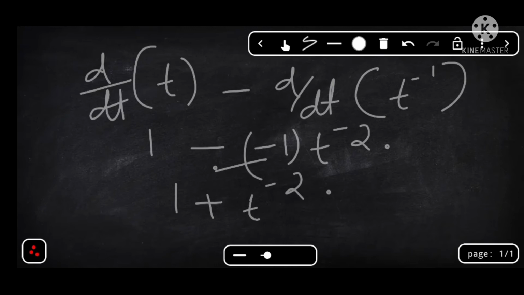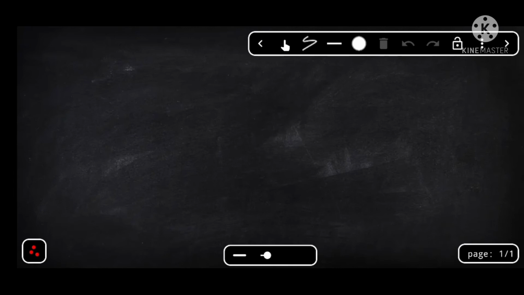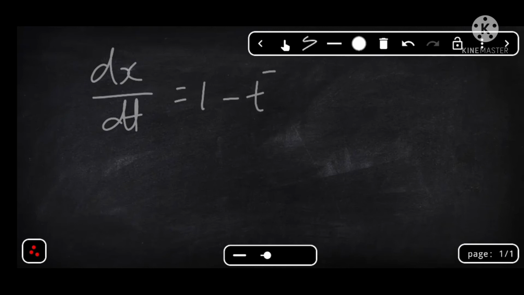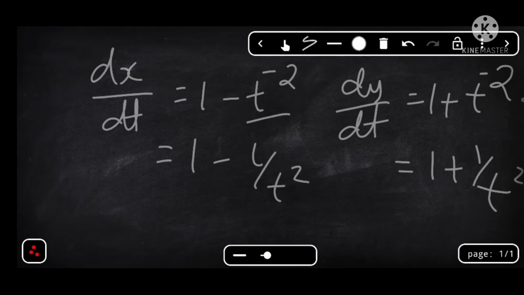So we got two answers. That is dx by dt as 1 minus t raised to minus 2, dy by dt as 1 plus t raised to minus 2. Now t raised to minus 2 is the same as 1 by t square, right? Similarly, this is the same as 1 by t square.